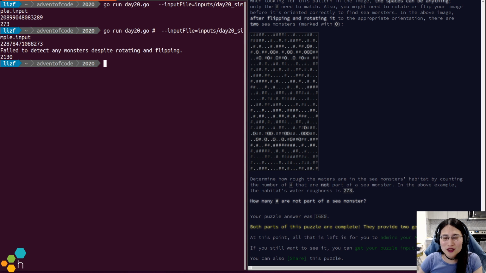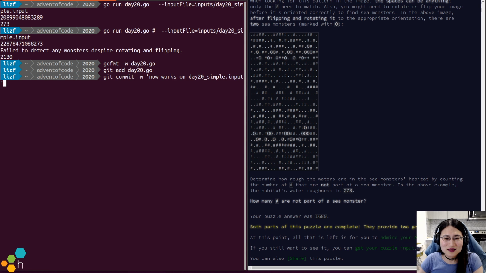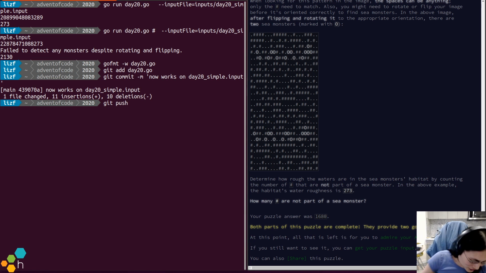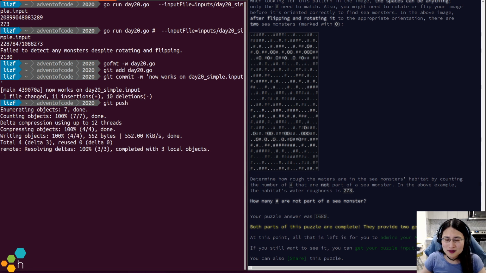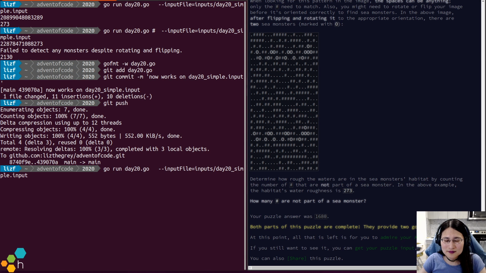So let's go ahead and check that in, and push it up to the server. And then we'll have a look at why we are failing to detect any monsters.